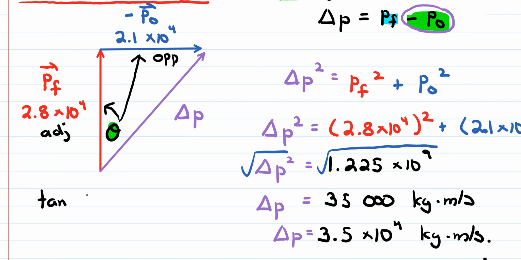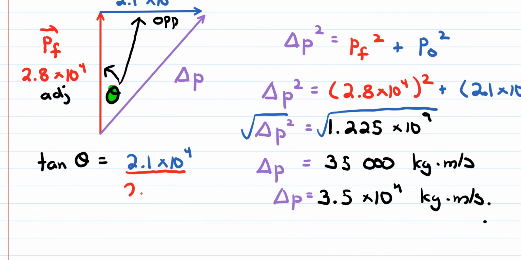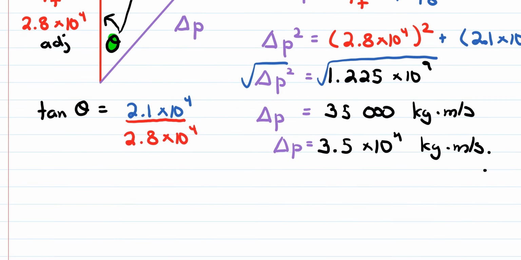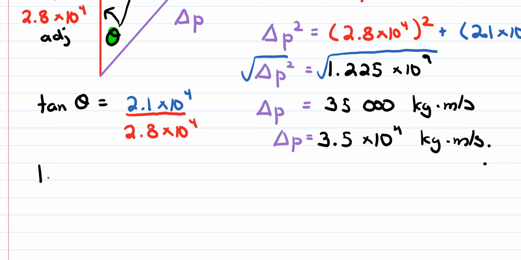So tan of the angle equals the opposite over the adjacent. So the opposite is going to be 2.1 times 10 to the power 4, and then I'll divide that by my adjacent, which is going to be 2.8 times 10 to the power of 4. Okay, so if I go to my calculator here again, I get tan theta, and if I divide those two numbers, we get 3 divided by 4.